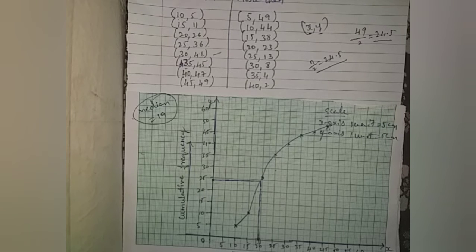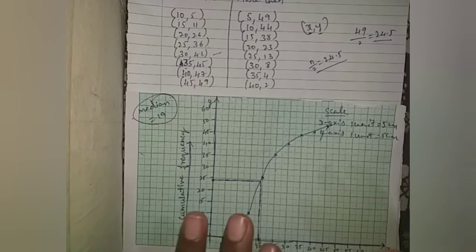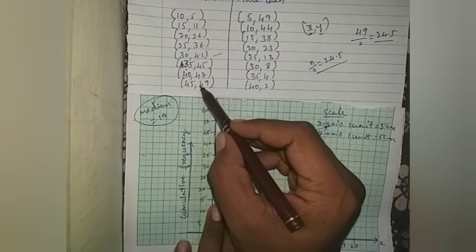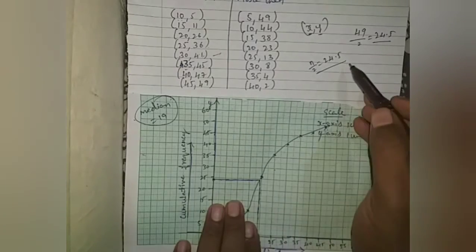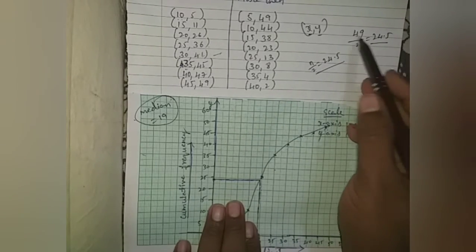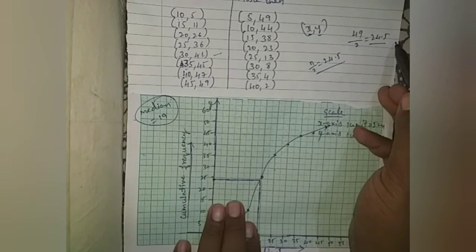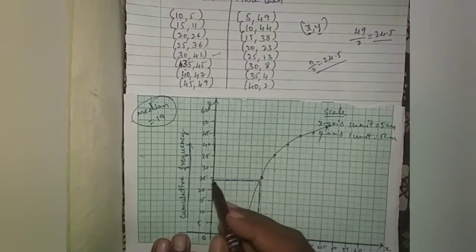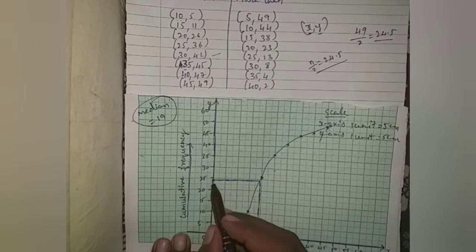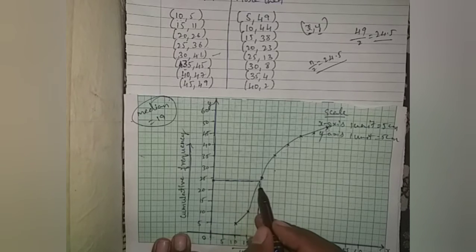Got it? How to find the median? It's very easy. In a single graph you can find the median. So simple. So I know the frequencies, the total frequency, right? So the total frequency is 49. Once you divide by 2 you'll get 24.5. So on the y-axis, where is 24.5? You check it out. Find 24.5, draw a straight line.